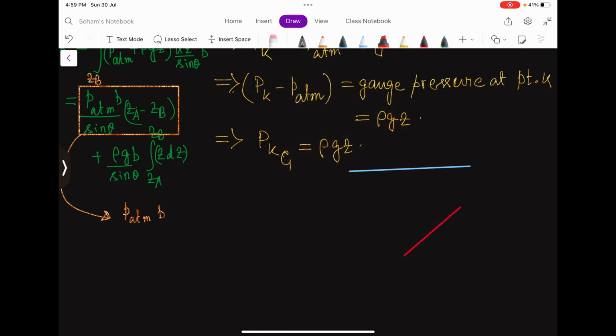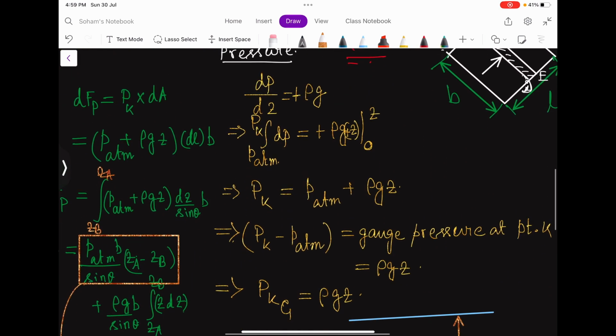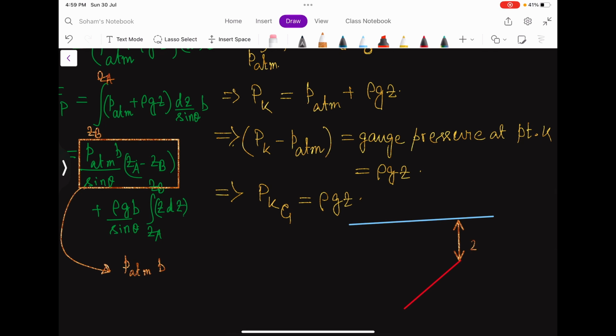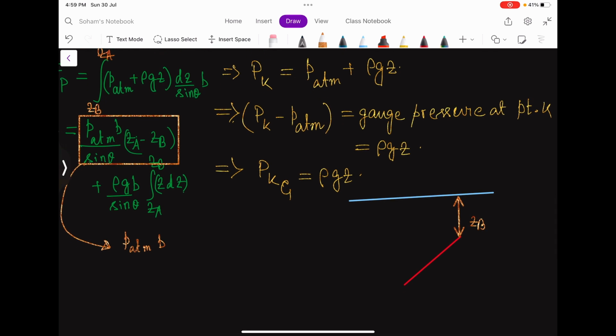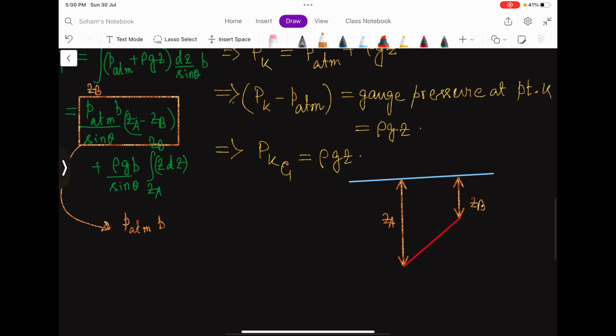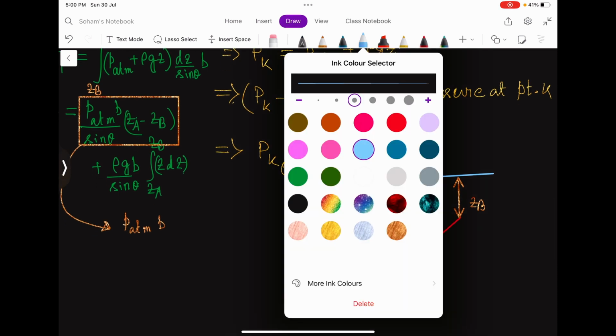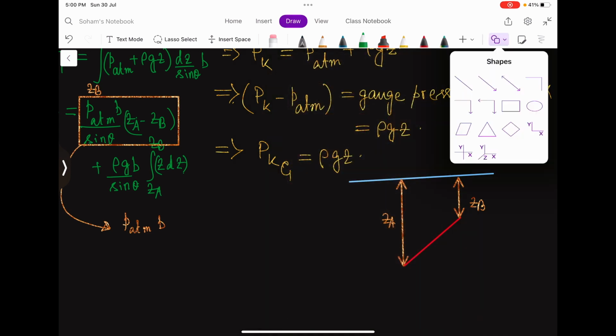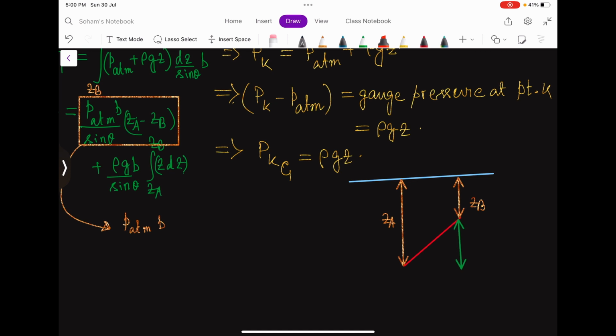This is za, this is zb, the end B, and za is nothing but this height.